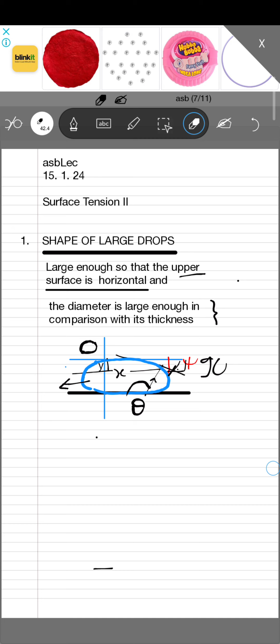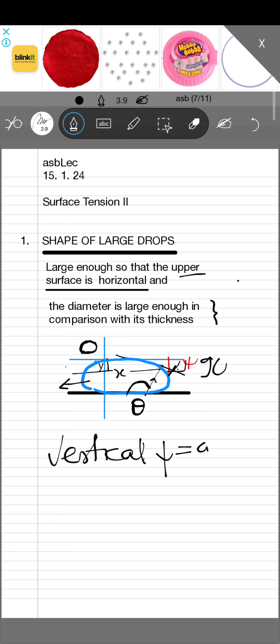So what we can write here: at the point where the drop becomes vertical, this region becomes vertical, then psi is equal to 90 degrees. So cos of psi is equal to 0.